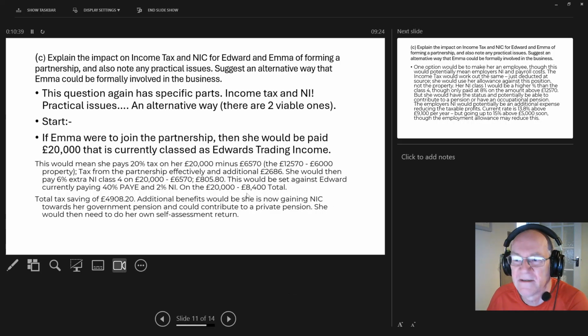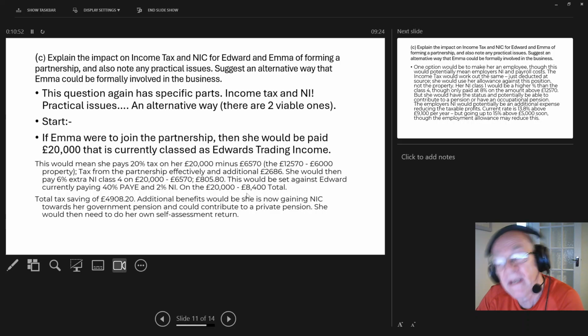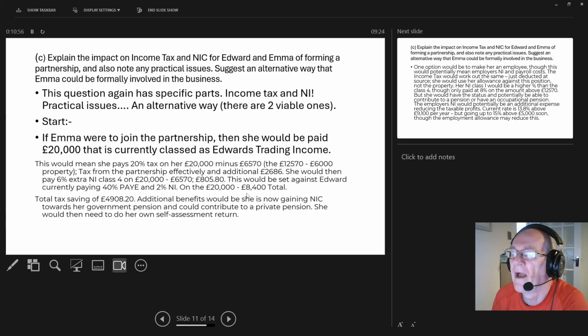So again, the answer's up there, so you can pause if you want to read the answer a little bit more carefully rather than just me going through the numbers now. If she's about to join the partnership, then she should be paid £20,000. That's currently classed as Edward's trading income. So we've already calculated how he's taxed on it, but actually it's effectively £42,000.